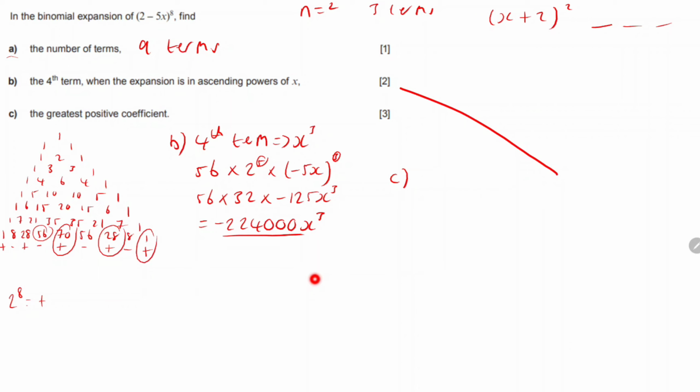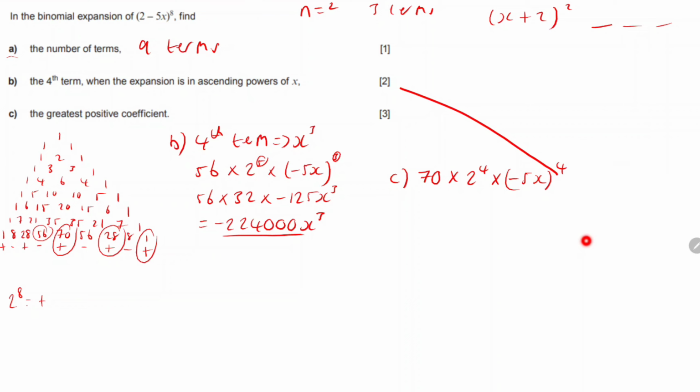So just to be sure, we're going to find the coefficient for all of them. So for the middle term, it's going to be 70 times by, now because it's the middle term, this is going to be the one term where the power of the 2 is going to be equal to the power of the minus 5x.